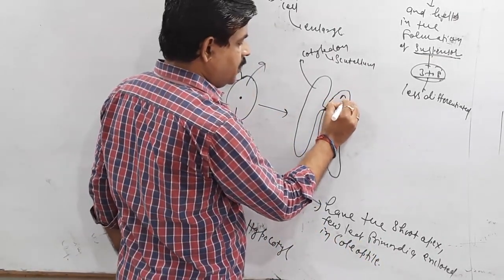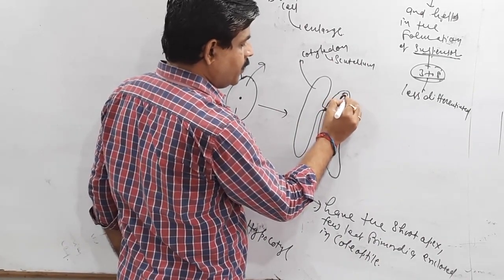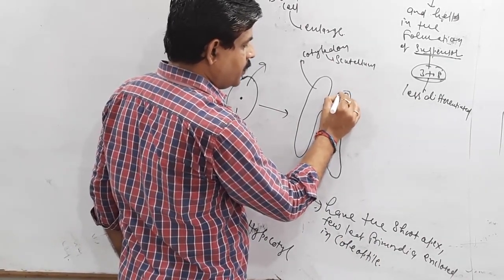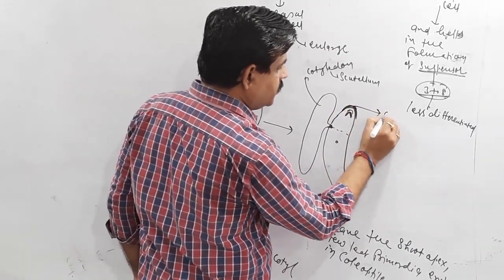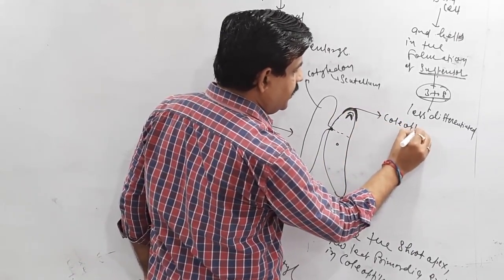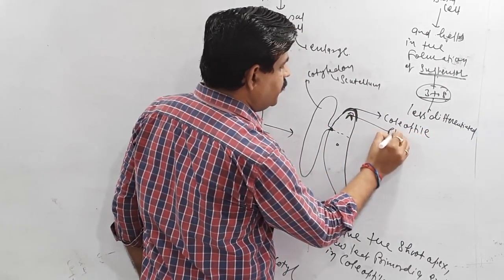This one is the plumule, leaf primordia, enclosed by this structure called coleoptile. This one is the plumule.